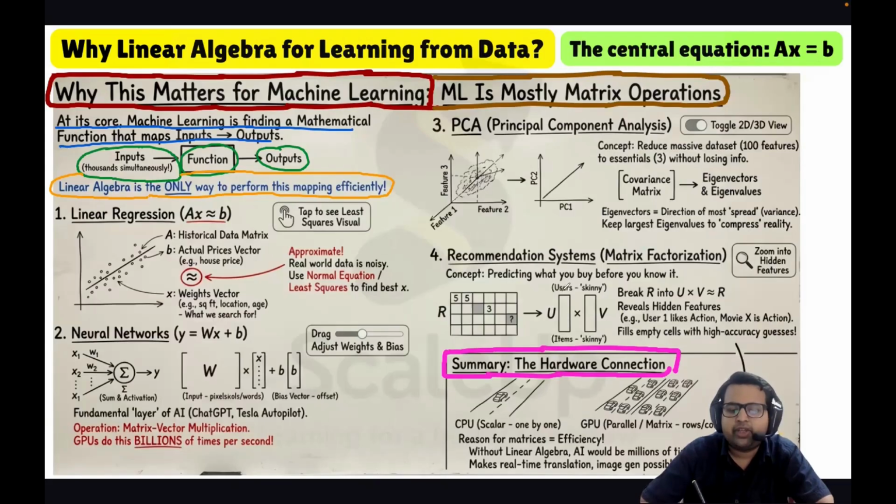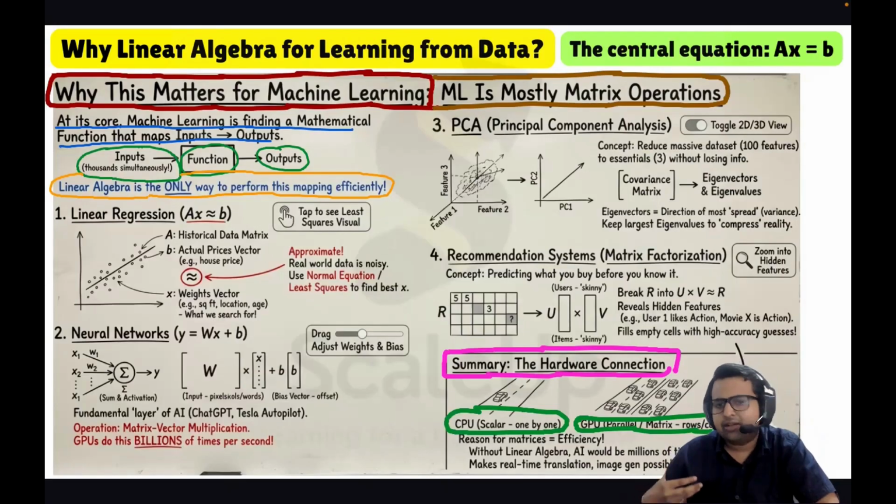The reason we use matrices in machine learning algorithms is not just because the math is elegant, but because of efficiency. A CPU, central processing unit, does scalar operations one by one. But GPUs, graphical processing units, are designed to process entire rows and columns at once, so we can perform simultaneous, parallel matrix operations.